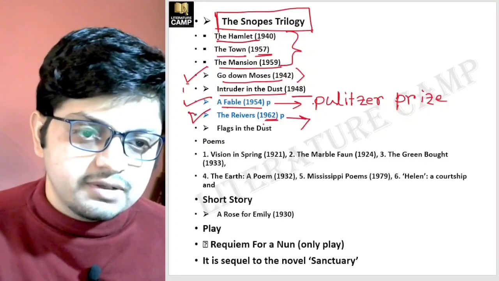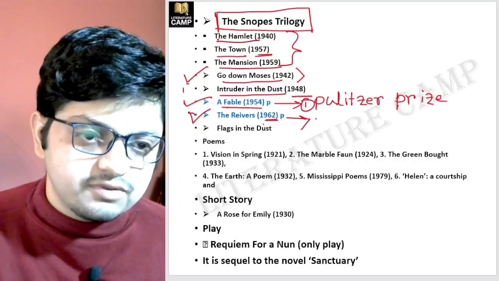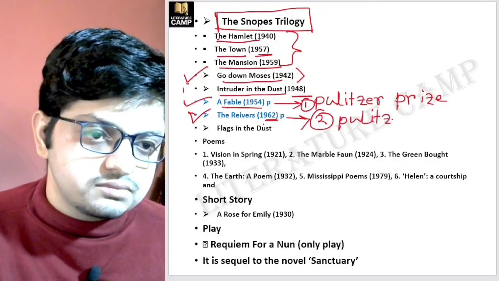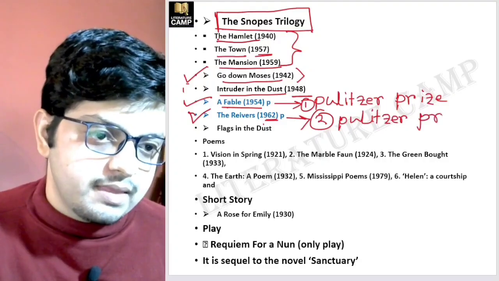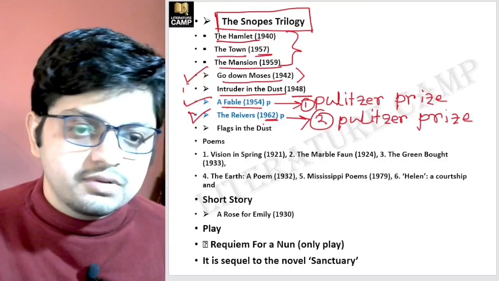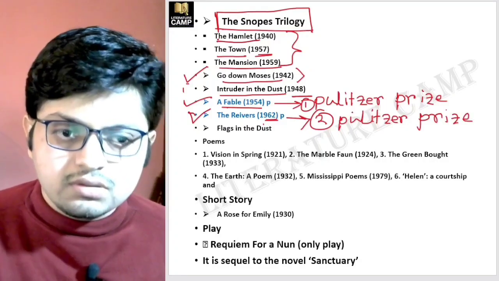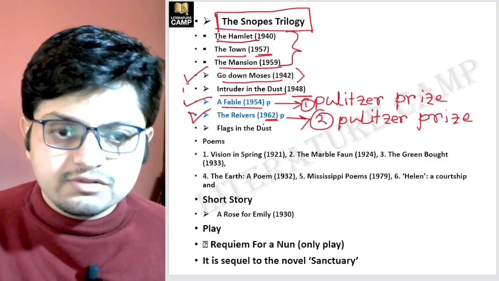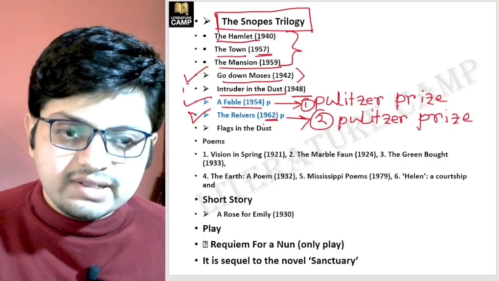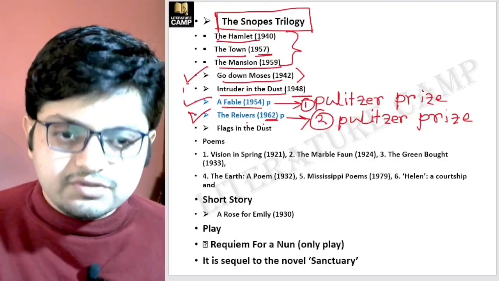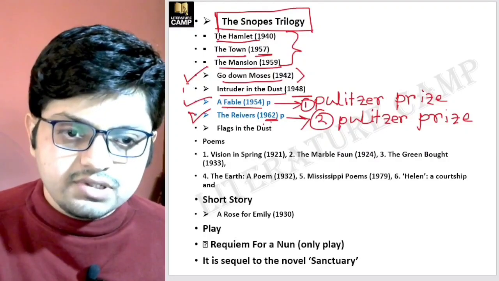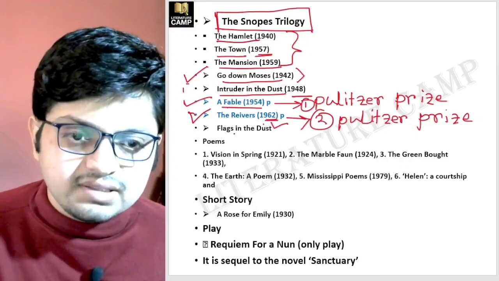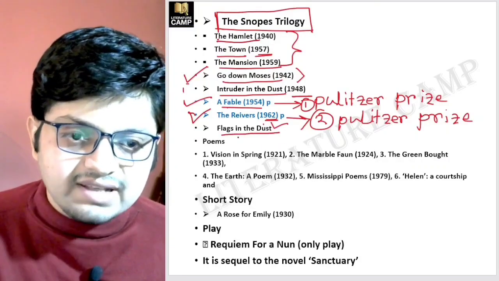Again, he got the Pulitzer Prize for this work. So he got the Pulitzer Prize two times: number one for A Fable, and the second time for The Reivers. Next work, Flags in the Dust.